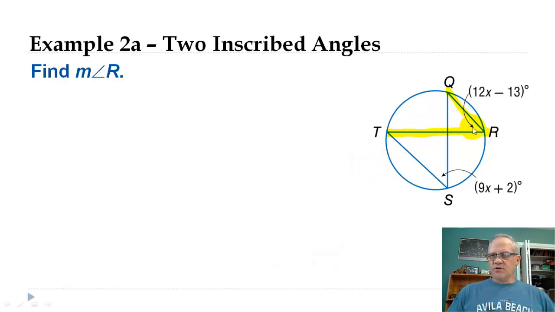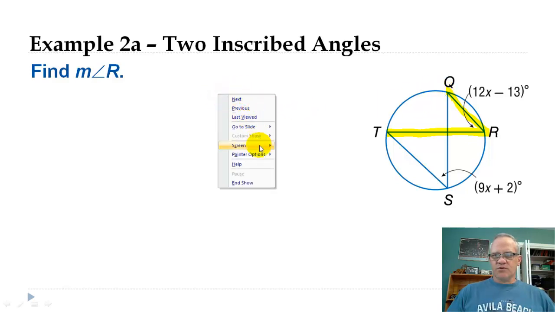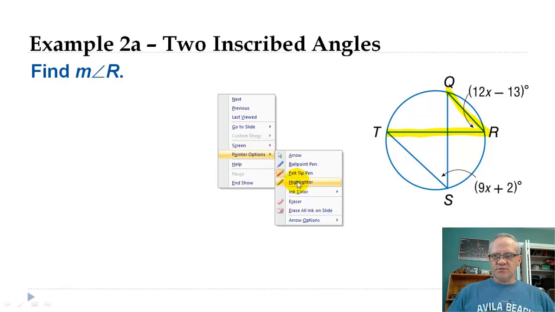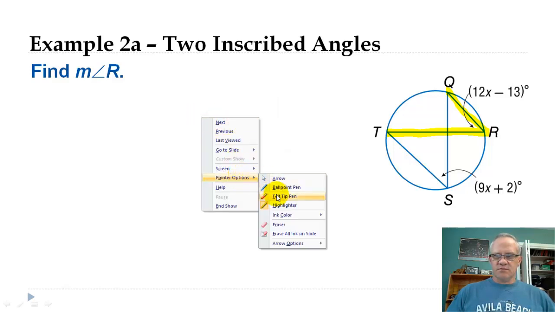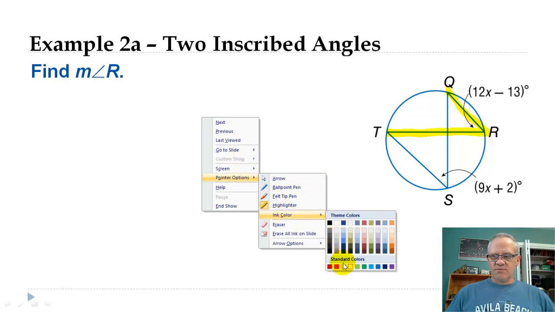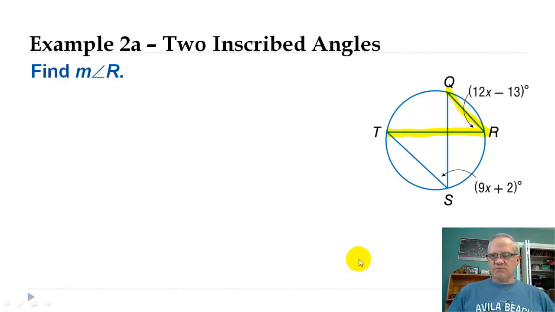So there's the angle R. And if you notice, angle R here goes out to TQ, the arc TQ. We don't know specifically what that number is. I think if I do this correctly, how about green?